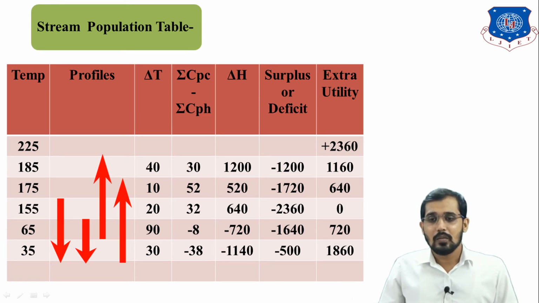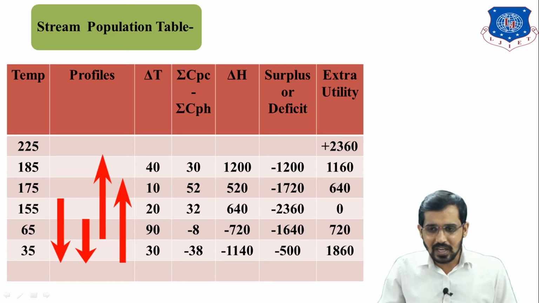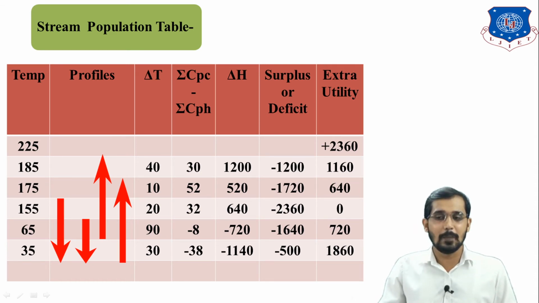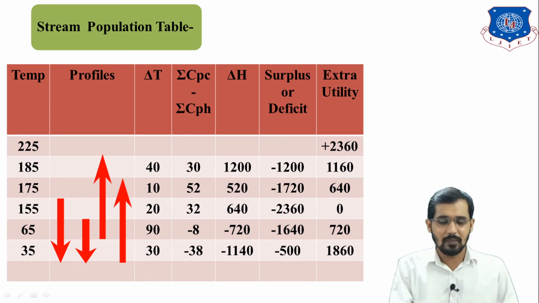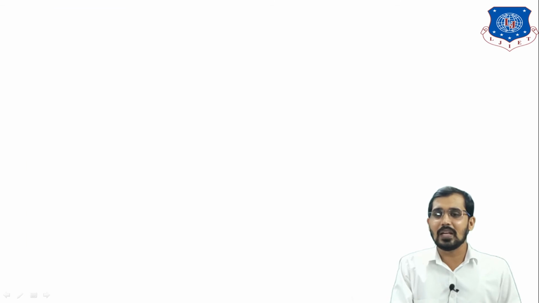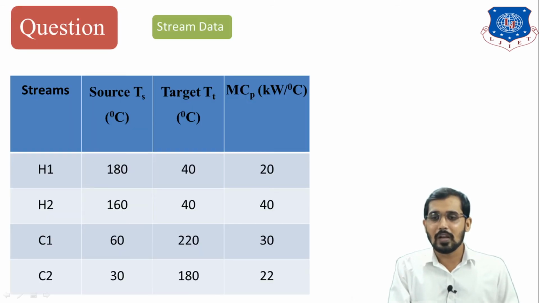Now next, for this 32, you can see there are two cold streams and one hot stream available. So the summation of CPC means 30 plus 22, that is 52, minus this data. The data for this stream you can see in the previous slide as well: for H1 that is 20 and for H2 is 40.